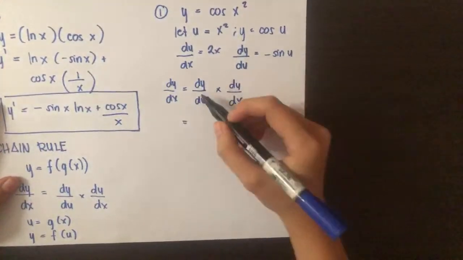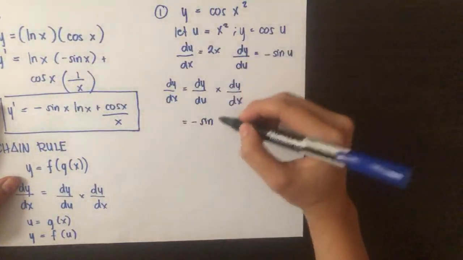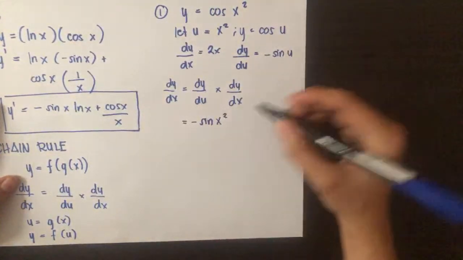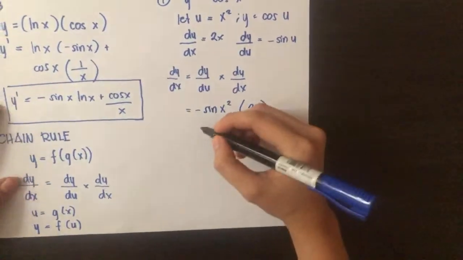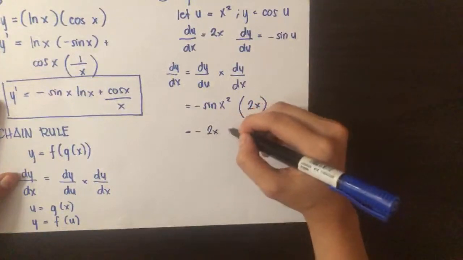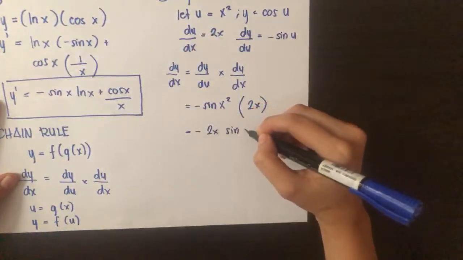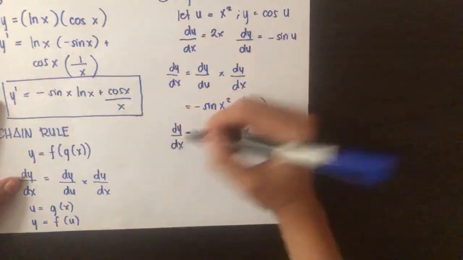So, dy over du is negative sine of u. U is equal to x squared times du over dx is 2x. So, we have negative 2x sine of x squared. So, ito na yung dy over dx natin.